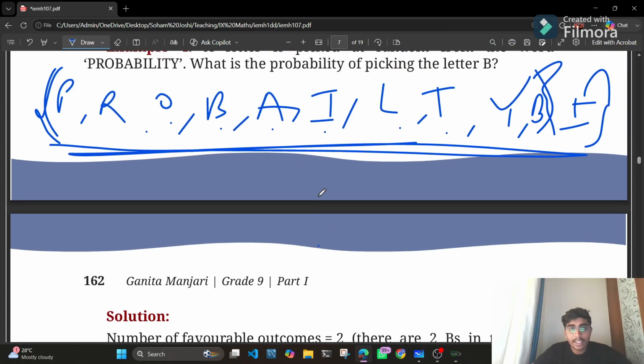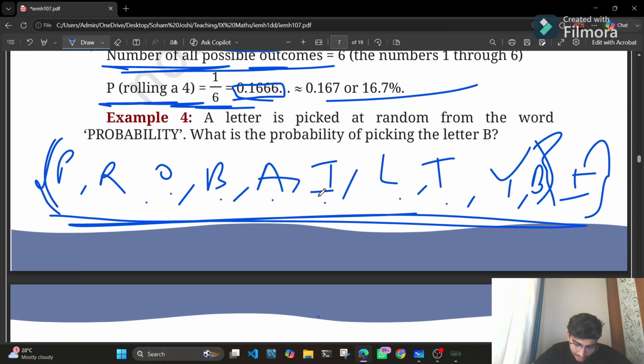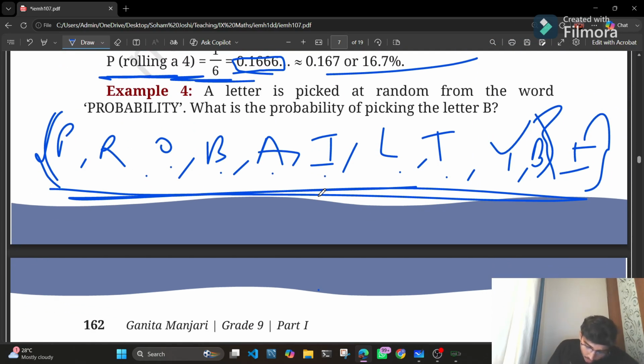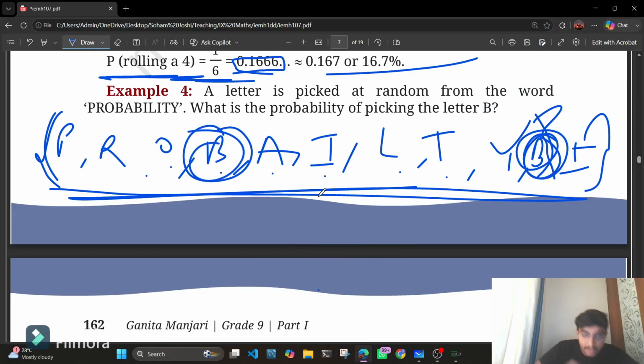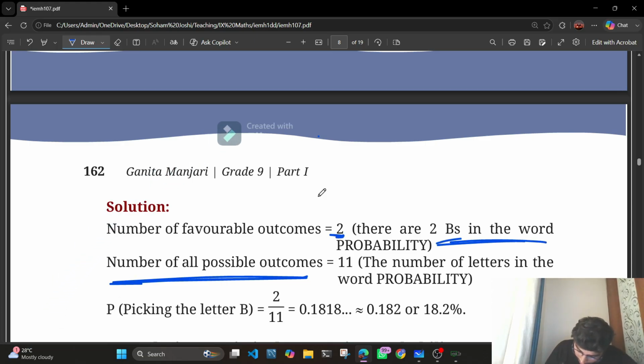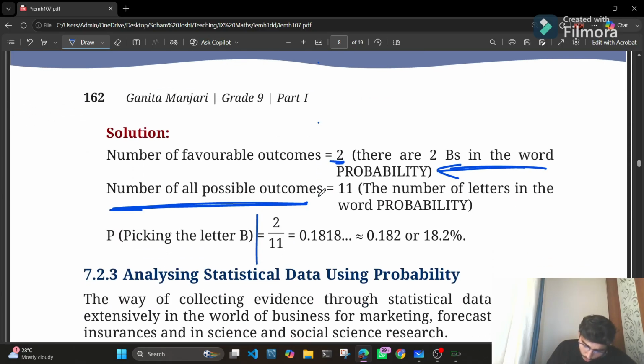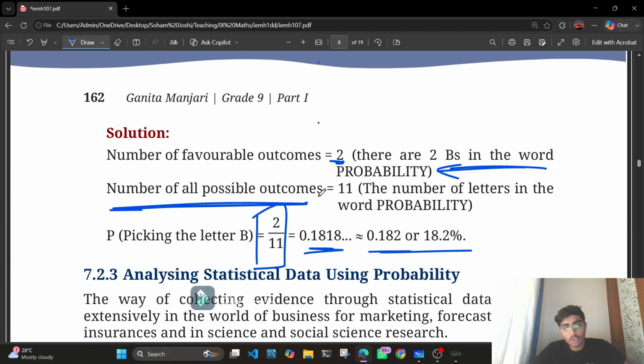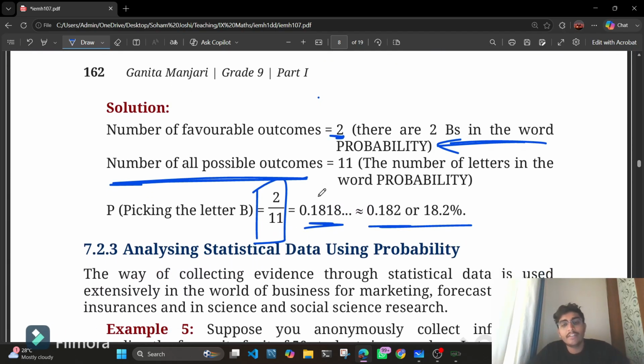Now I need to calculate the number of favorable outcomes that I pick a letter B. Here B appears two times, so the number of favorable outcomes is 2, because there are two B's in the word probability. So now the probability would be 2 upon 11, that is 0.1818, or 18.2 percent if you multiply it by 100.